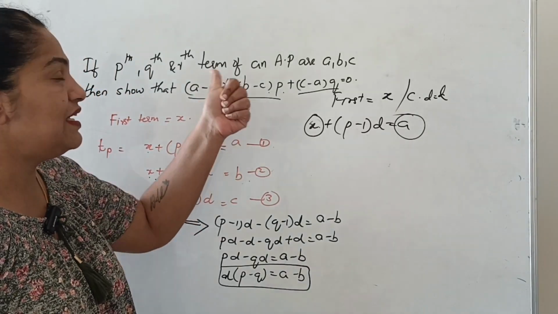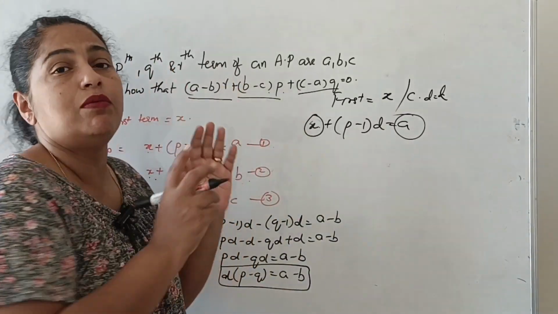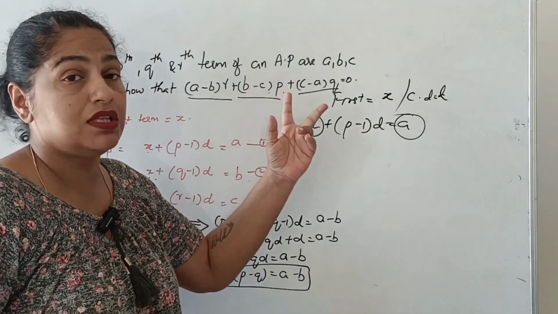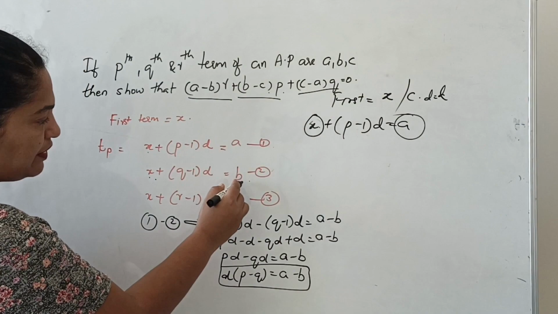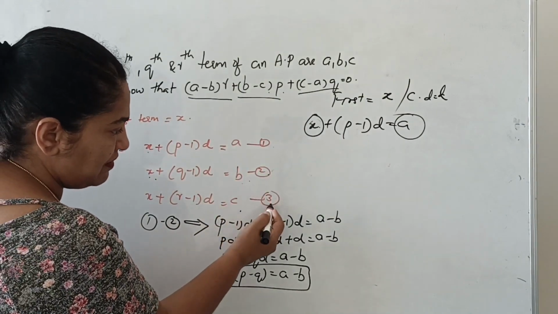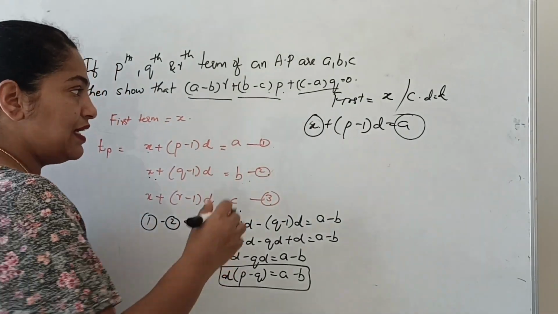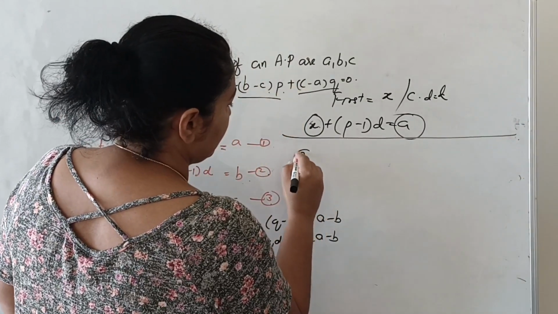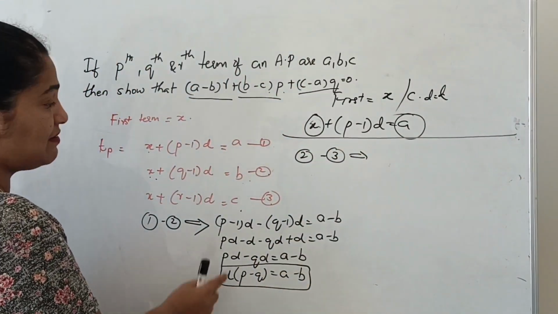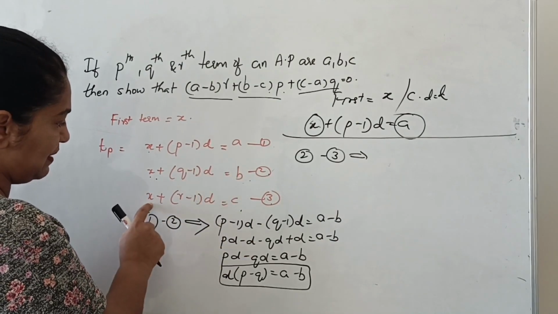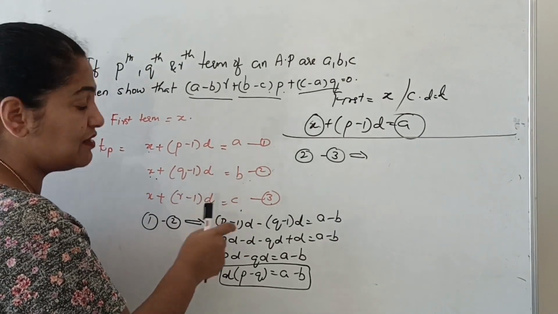Now, we can see that in the question, it is not only about a minus b into r. There are two other terms which consist of b minus c and c minus a. How can you get b minus c? We can get b minus c by subtracting 2 minus 3. Let us do that. 2 minus 3 also should give us a similar answer. So, 2 minus 3, LHS minus LHS is equal to RHS minus RHS.